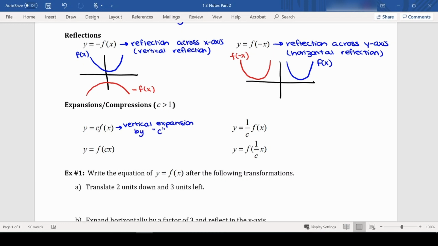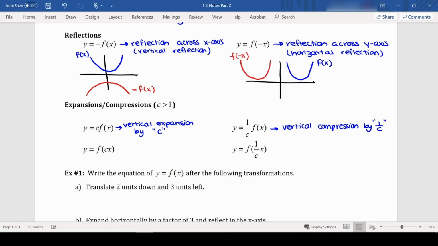So if it had a 5, you're going to vertically expand it by 5. And if it was in front of your function and it was a 1 over c, same thing. This is going to be a vertical expansion. You can also call it a compression by 1 over c.